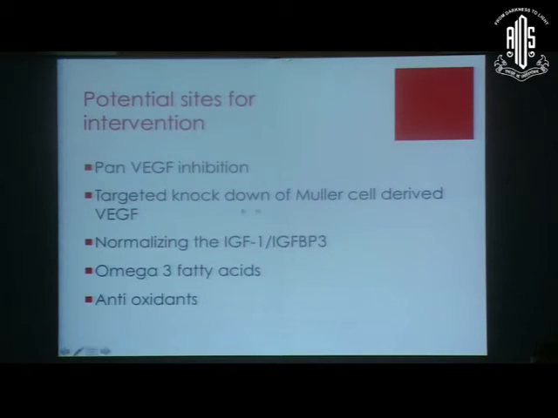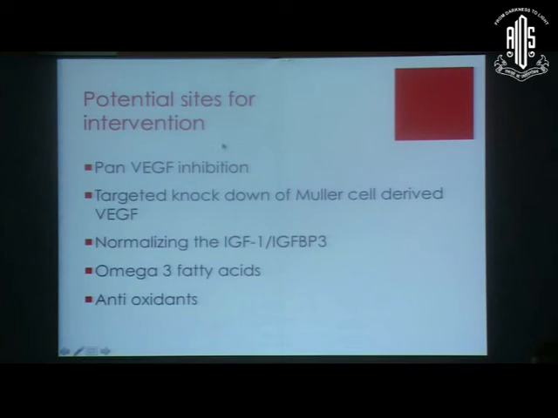So they tried to target just the Mueller cell-derived VEGF by using genetic therapy in a rat model. Then they found that the damage to the neuroreceptors is very high in this model. As a secondary effect of Mueller cell death, the retinal photoreceptors also die. So there is a lot of damage to the retina as a sequela of the genetic therapy of Mueller cell knockdown. So this is perhaps not the best approach.